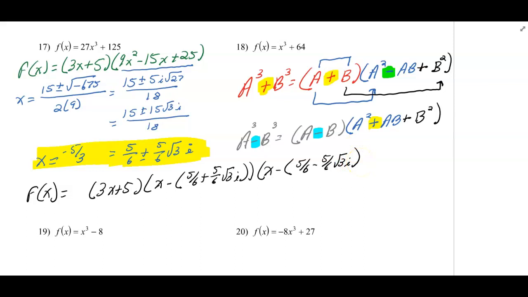Now when you look at this factored form, you got a 3, a 1, and a 1. But the leading coefficient was 27. So right now the leading coefficient in what I have is only a 3. I need to get to 27. So I'm going to need to put a 9 out in front in order for this function to be accurate.